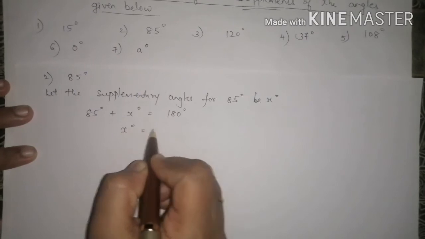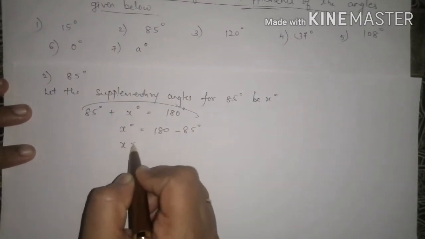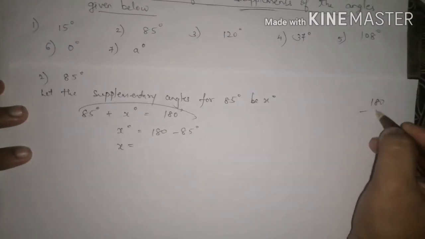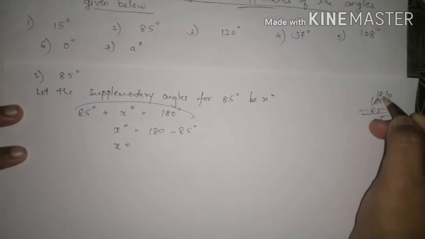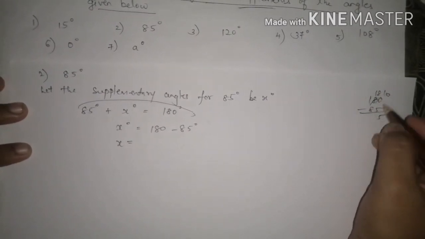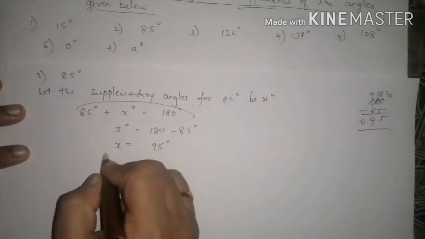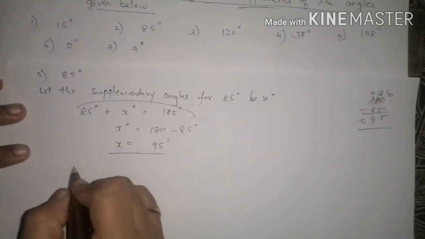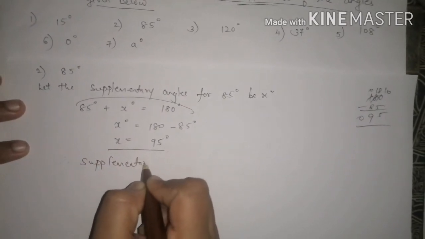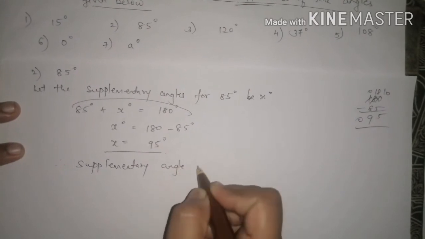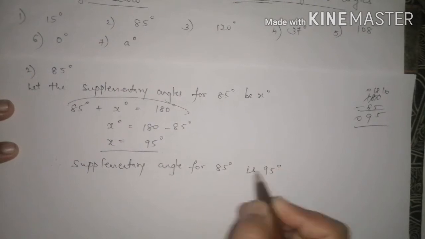So x is equal to 180 minus 85. Just do it. 10 minus 5 is 5, 18 minus 9 is 9, here 0, so 95 degrees. So x we got is 95 degrees. Therefore the supplementary angle for 85 degrees is 95 degrees.